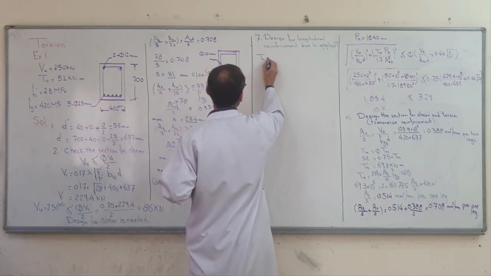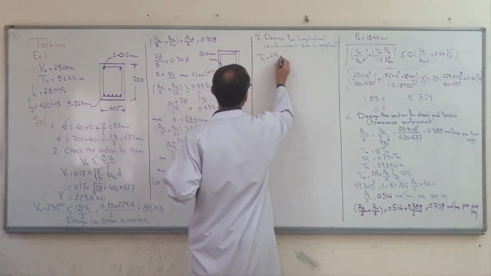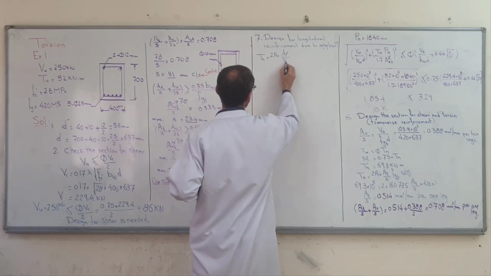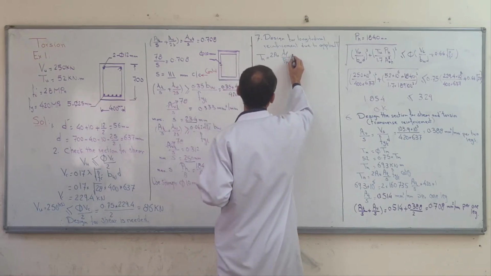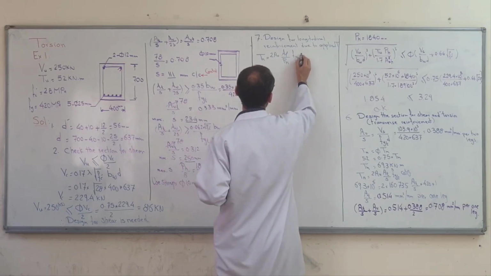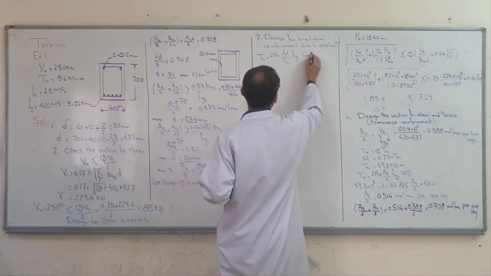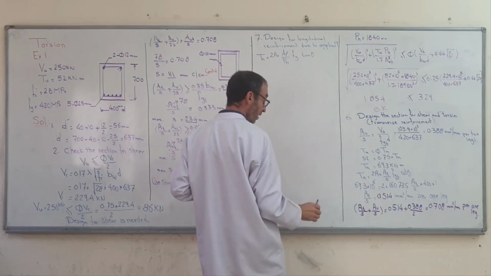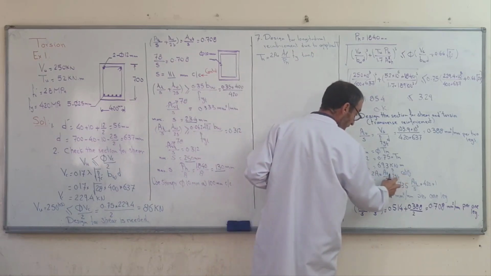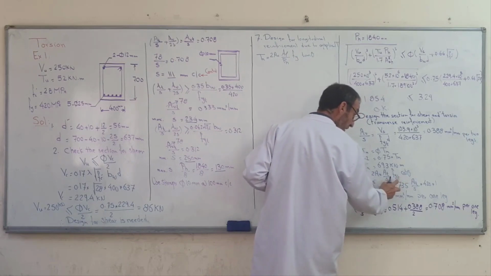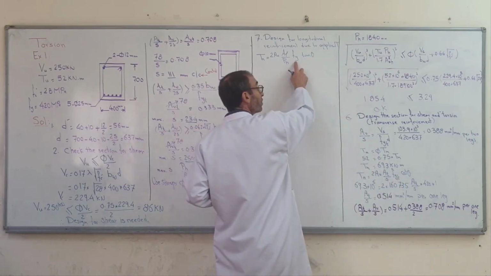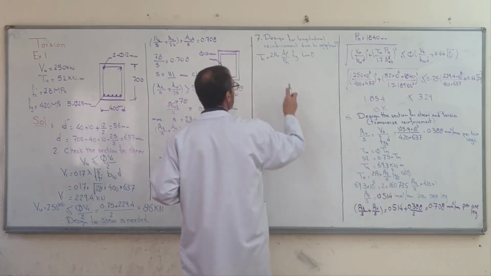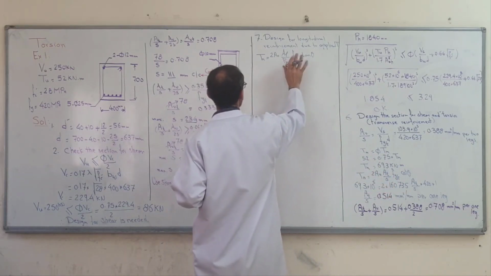Tn is equal to 2 A naught AL over pH times Fy tan theta. Here is tan theta, here is cotan theta. Here is Fy of the transverse stirrups and here is Fy of the longitudinal reinforcement. They are similar, but the actual value is this.